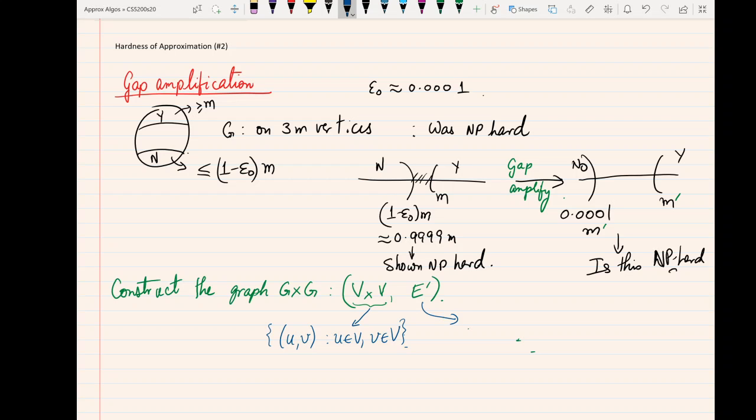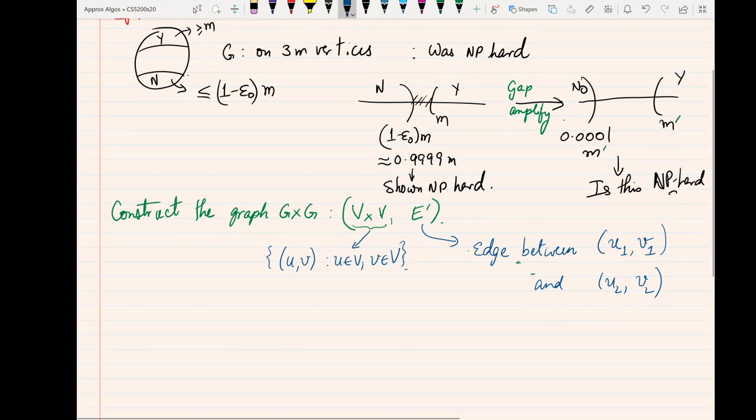Okay. And every edge here, notice that in this new graph, the vertices are pairs of vertices. So the edge between u1 v1 and u2 v2 exists if and only if, basically what I want is that there are edges between both u1 and u2 and v1 and v2, or they are equal.